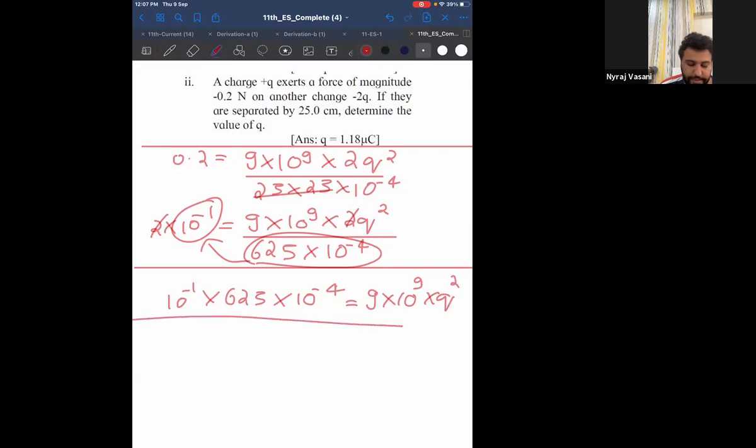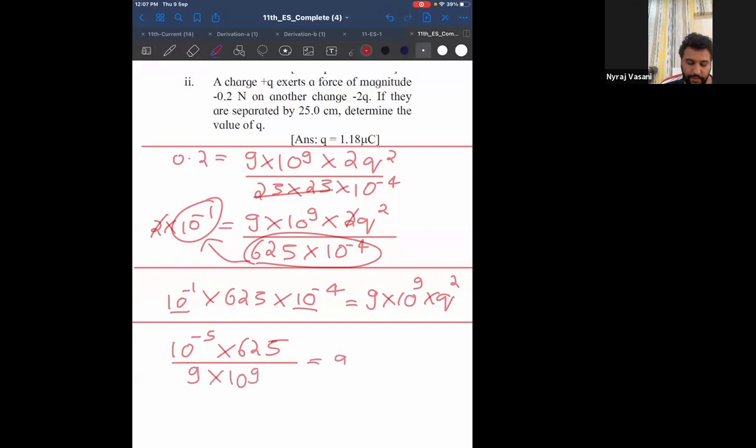Tell me, did you understand this step? I just took the denominator on the left hand side. Or can I write it as 10 power minus 1, 10 power minus 4 is 10 power minus 5 into 625 divided by 9 into 10 power 9 is equal to q square. Understood this answer?